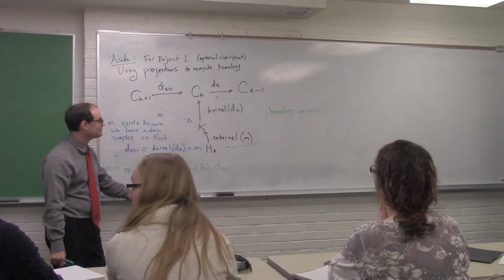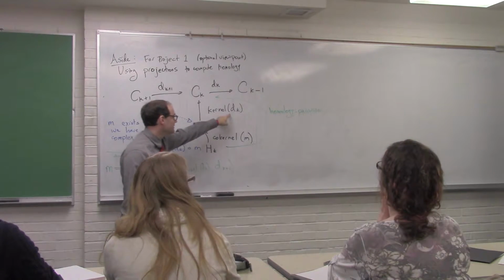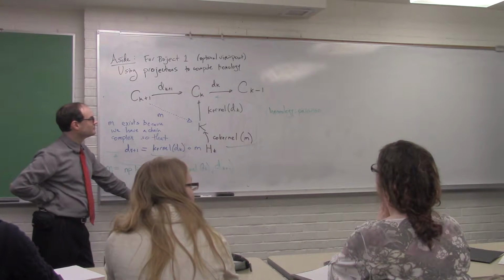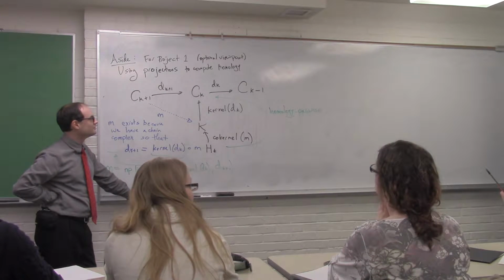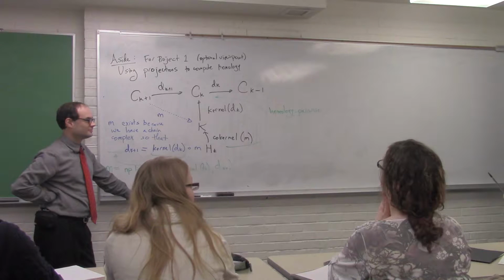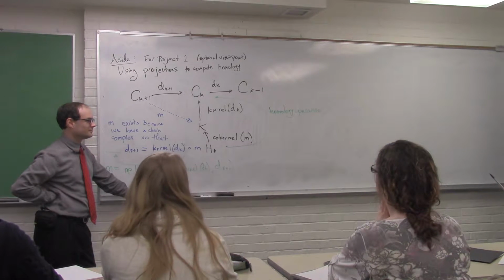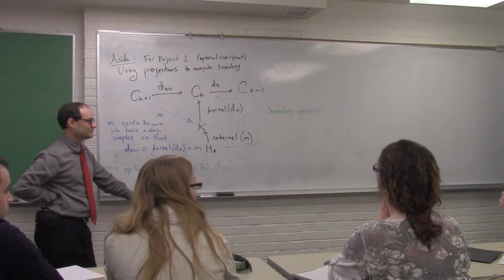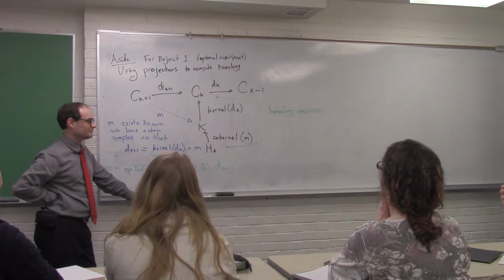Still hung up on the kernel function. So that kernel function, the output of that function is a function. And it's going to send something from the kernel K to the second space in the chain complex CK.